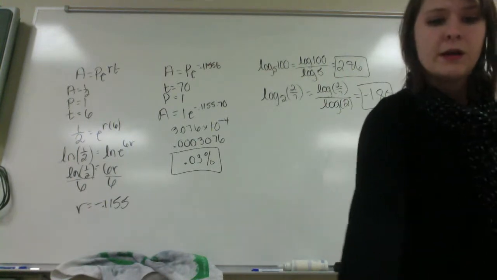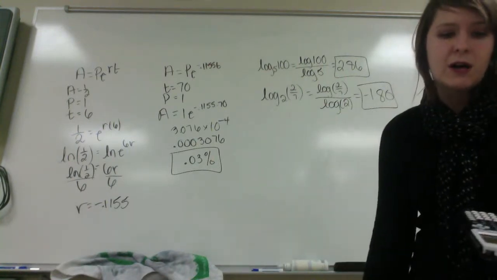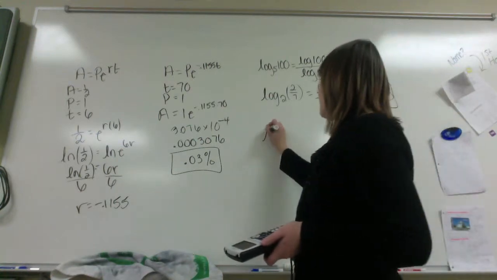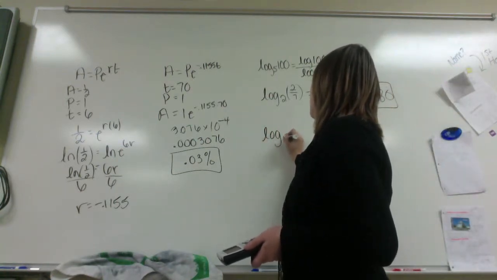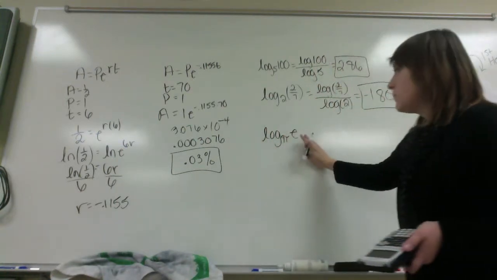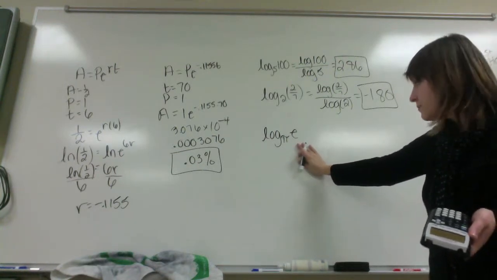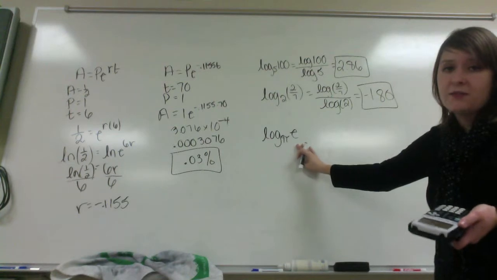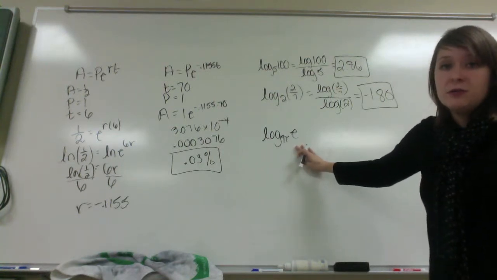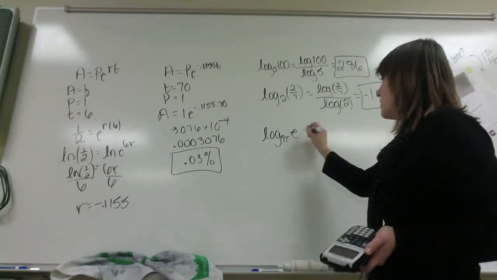Okay. Next one I'm going to do is log base pi of e. Notice that whenever you see that e in here, it's probably a good idea to use the natural log instead of the common log, just because generally we can cancel that stuff out.